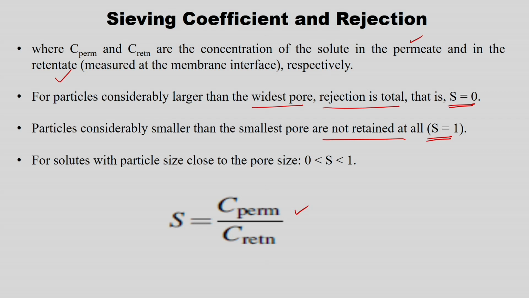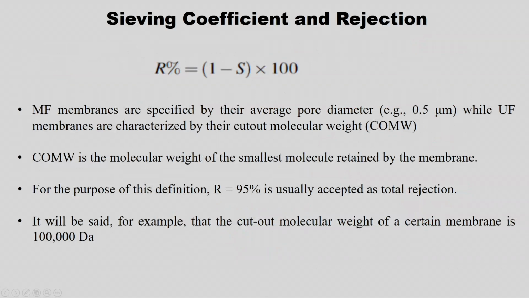But for solutes with a particle size close to the pore size, the sieving coefficient may vary. So, if I have the widest pore, my particles get in, or if I have a very small pore, all my particles will be retained. Here it is 0, here it is 1. In between, normal real operations will have sieving coefficients between 0 and 1.